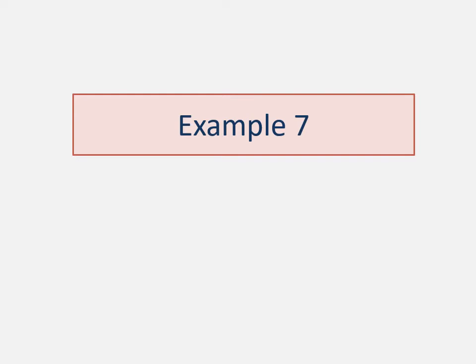S, m, e, l. You heard the sounds s, m, e, l. Example 8. S, p, u, n. S, p, u, n. You heard the phonemes s, p, u, n.